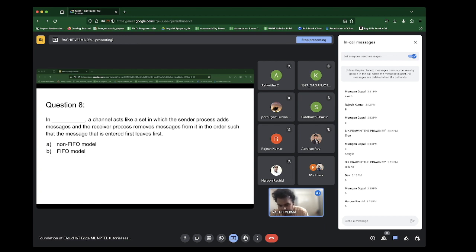In first in, first out, an item enters the data structure, and let's say someone is looking to retrieve an item from the data structure. The one that entered first leaves first, and the opposite of that would be last in, first out, which is like a stack. So whatever enters first leaves last. So the correct answer to this question is the FIFO model.